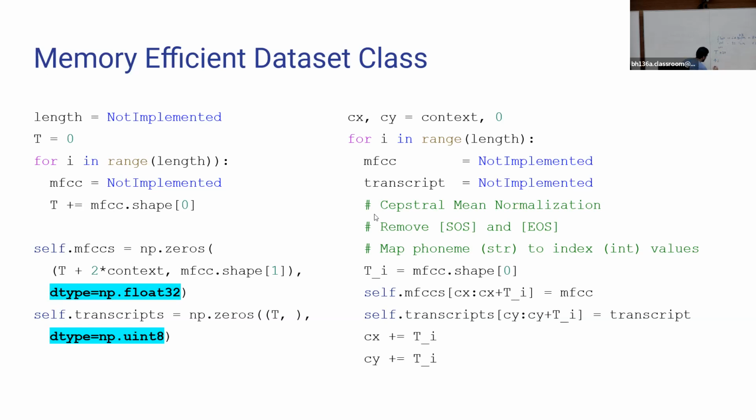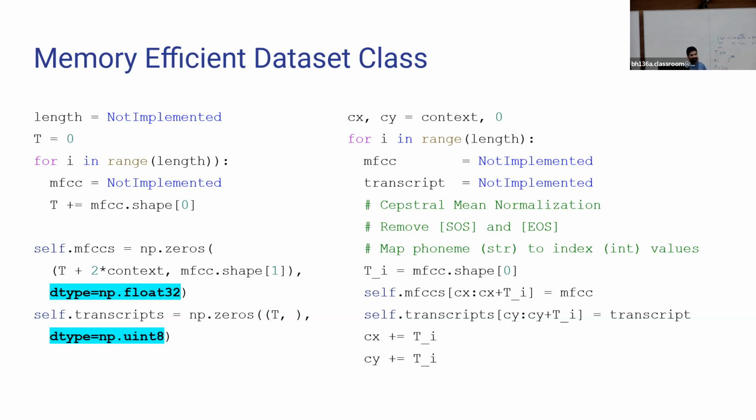So 2 raised to 8 is 256. So we can easily store 40 labels in 8 bits. If we were using 32 bits, it would be 2 raised to 32, which comes out to be a very large number, which is a lot of wasted space. Hence, we can reduce it down to 8 bits.